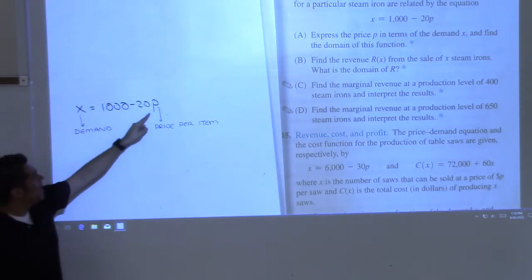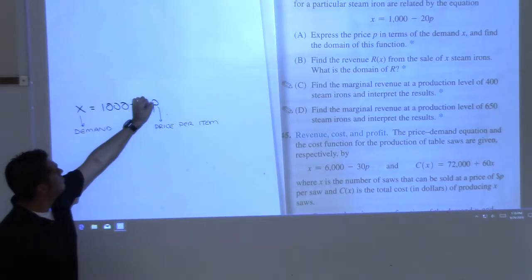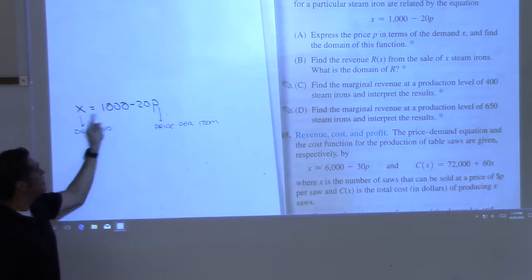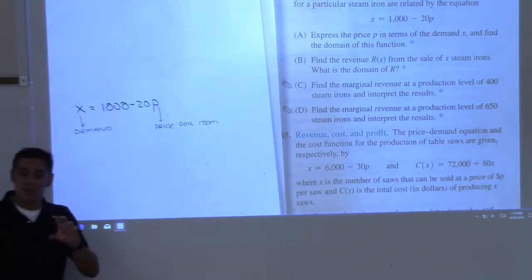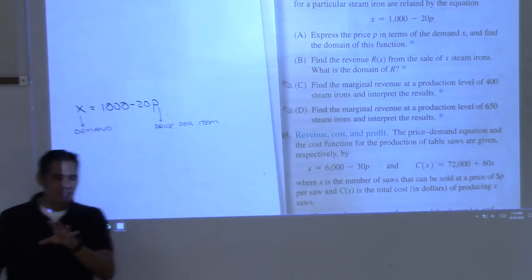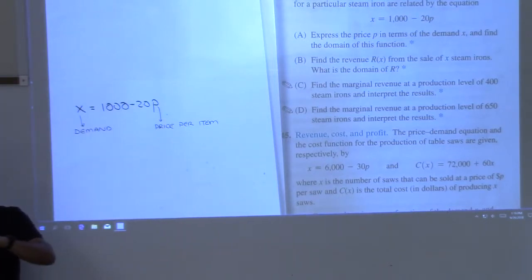If I set my price to 0, my demand is 1,000. If it's free, everybody really wants it. Well, yes, but the model should probably account for that. You're going to have a much higher demand if it's free, right? But we know that P is never going to be 0.